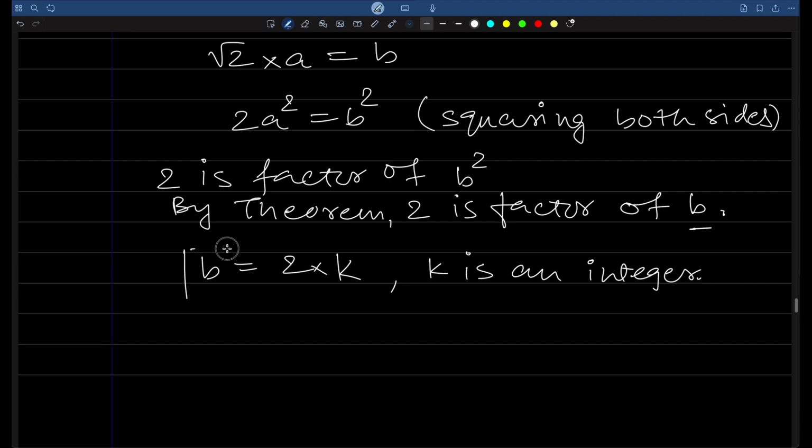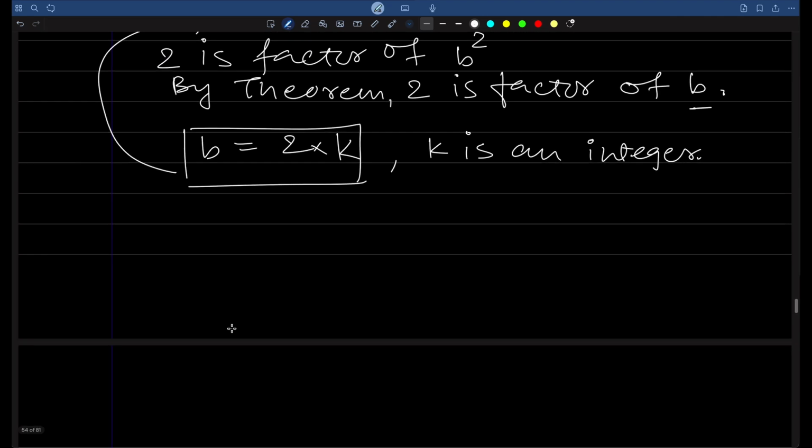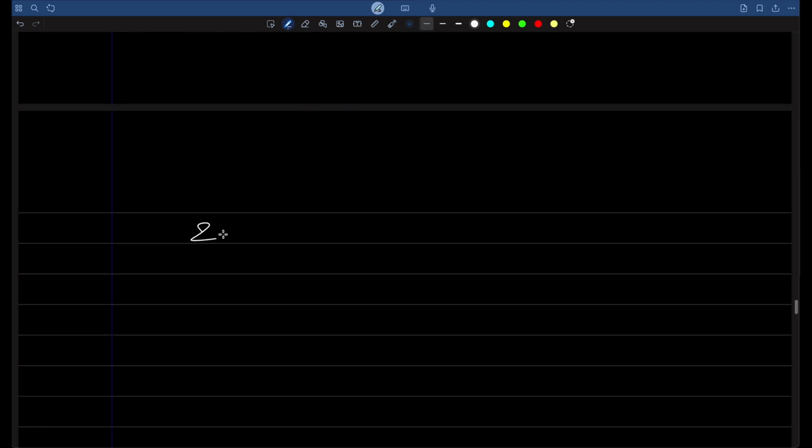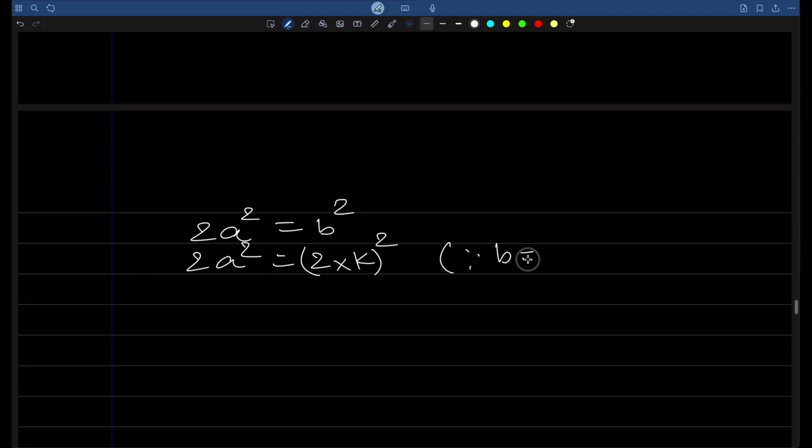Now put b equals to 2k in this equation, 2a square equals to b square. 2a square equals to 2 into k whole square, because we have b equals to 2 into k. 2a square equals to 4k square. We have a square equals to 2k square.